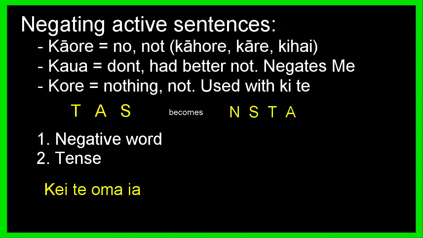So for the example, kei te oma ia, we learned that the negative word to use for kei te is kaore, and the tense to use is i te. So the negative version would be kaore ia i te oma.